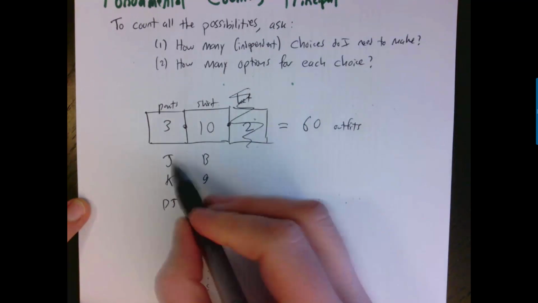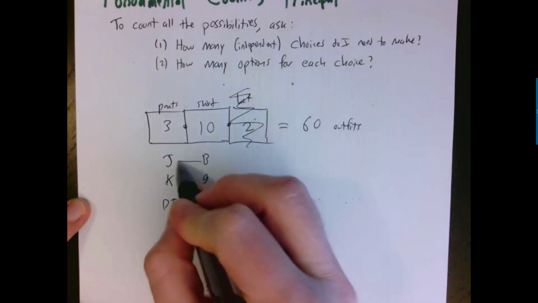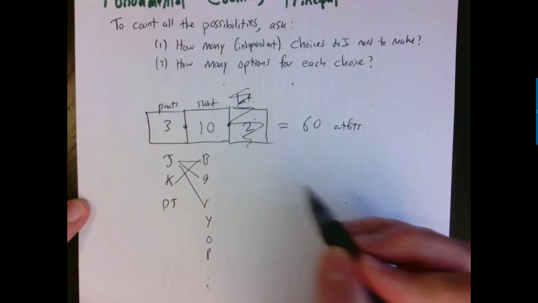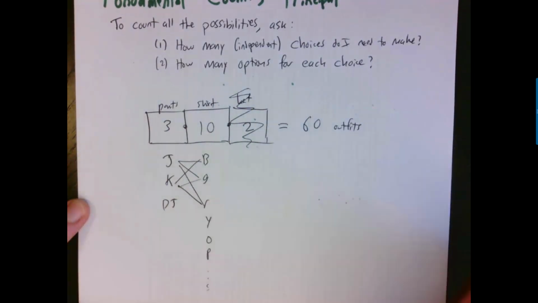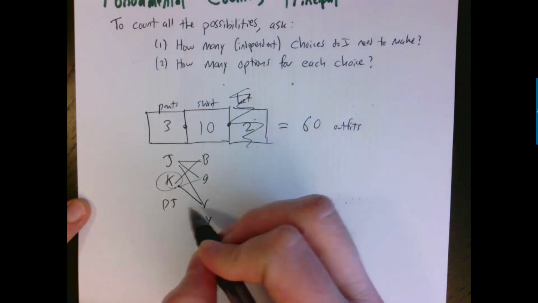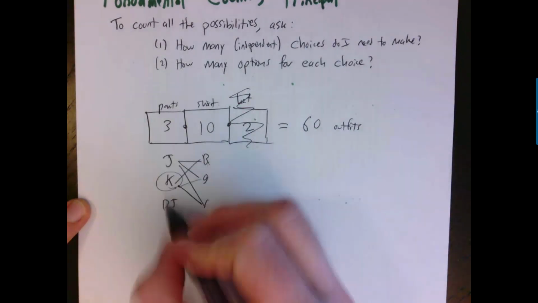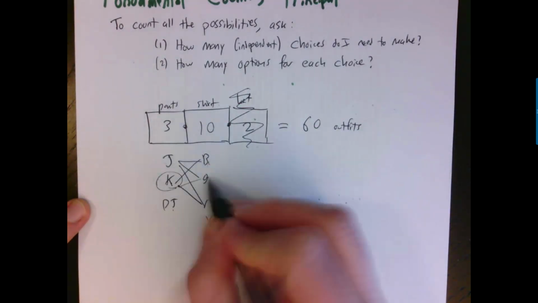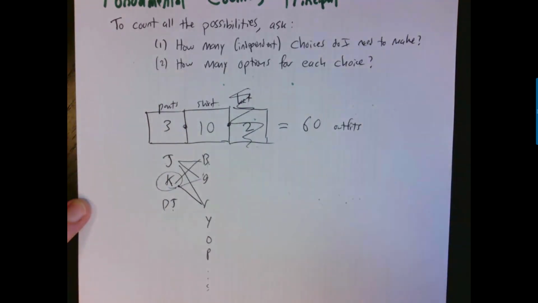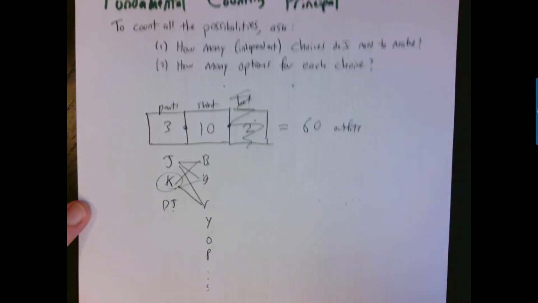I could choose jeans with a blue shirt, or jeans with a green shirt, or jeans with a red shirt. Or I could choose khakis with a blue shirt, and khakis with a green shirt, or khakis with a red shirt. So for each one of these, I could choose any one of those. For each of these 3 things, I have 10 choices over here, which is the same thing as 3 times 10. So that's the intuitive reasoning behind why the fundamental counting principle works.